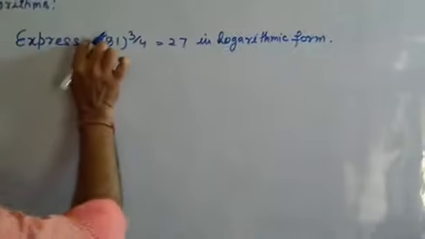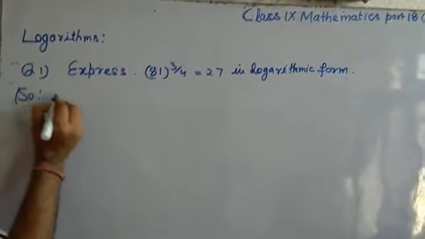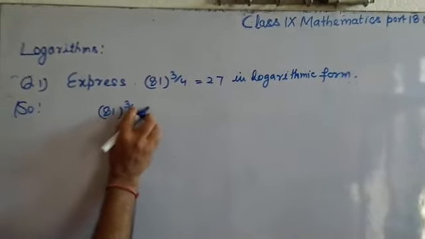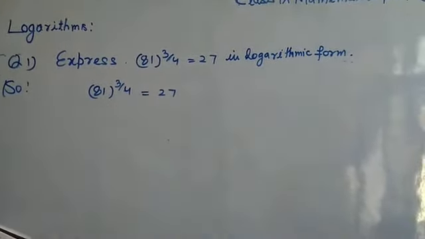Now question 1. Express 81 power 3 by 4 is 27 in logarithm form. Here, given 81 power 3 by 4 equals 27.